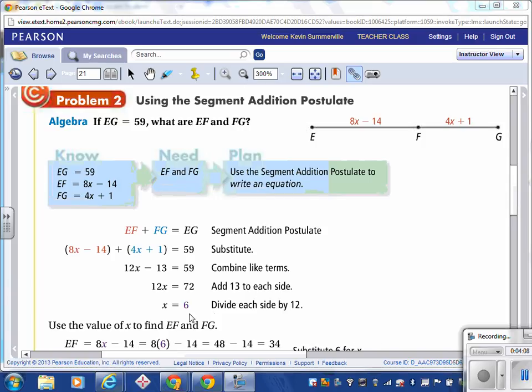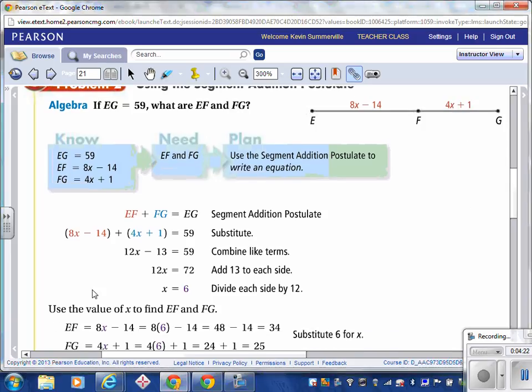Then all you need to do is take the 6 and substitute that in for the x in this line segment and the x in that line segment. When you do that, you end up with EF equals 8x minus 14, which means you have 8 times 6 minus 14, and then you get 48 minus 14 to give you 34.